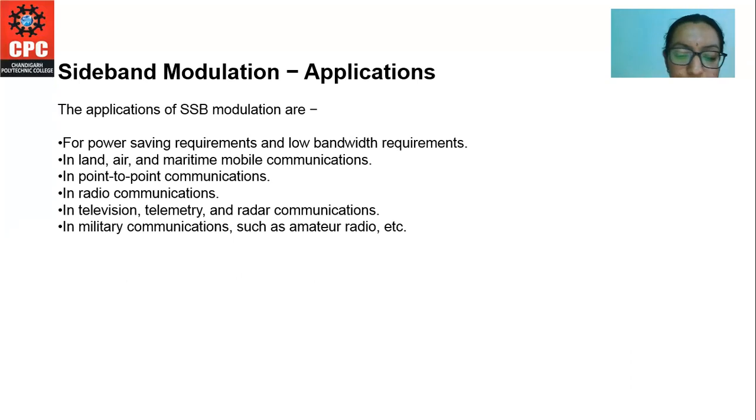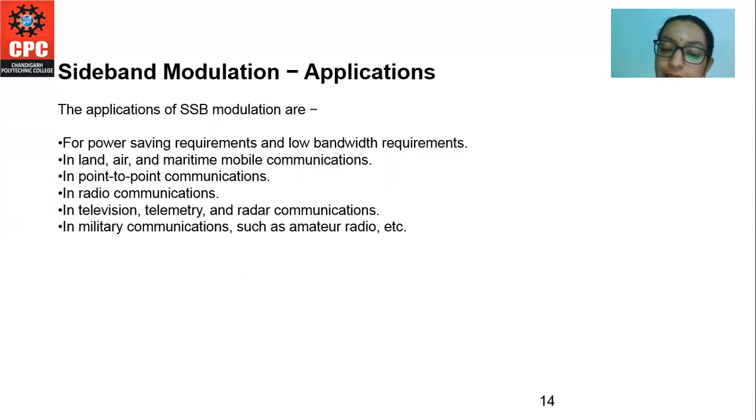Next, its applications. SSB is used to save power in applications where such power saving is essential, for example, mobile phone handsets where the weight and power consumption must be kept as low as possible.